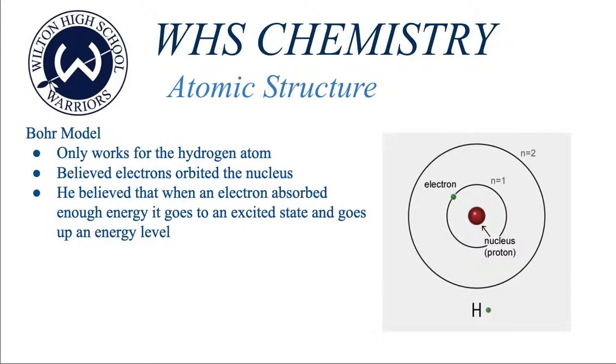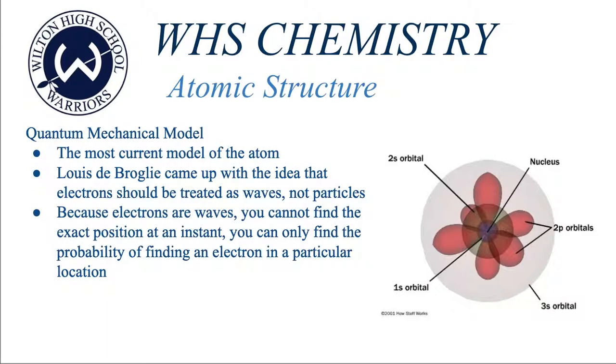Okay, so now we're going to go to the next slide and talk about the quantum mechanical model. This is the most current model of the atom. It was invented by Louis de Broglie, and he came up with the idea that electrons should be treated as waves, not particles.